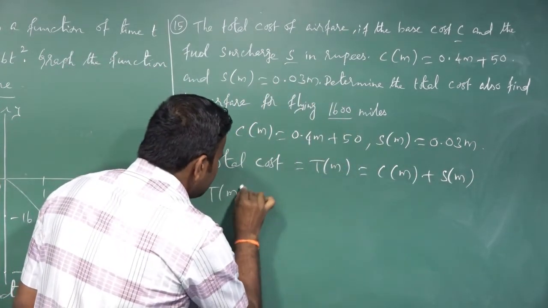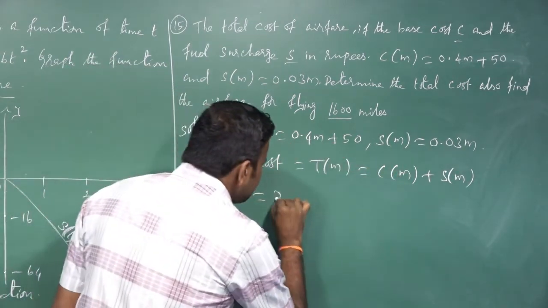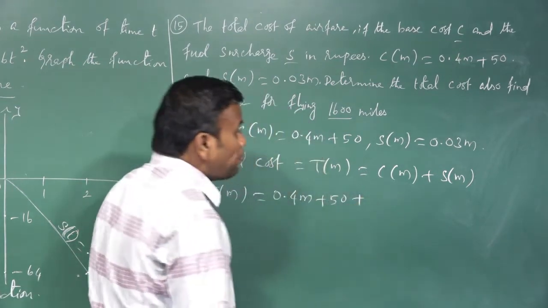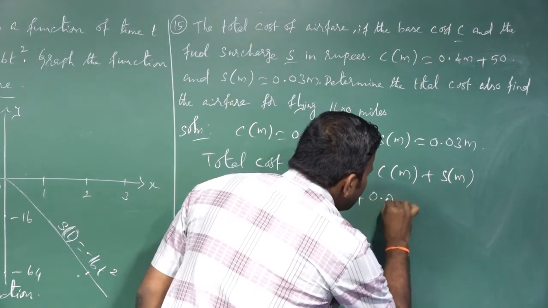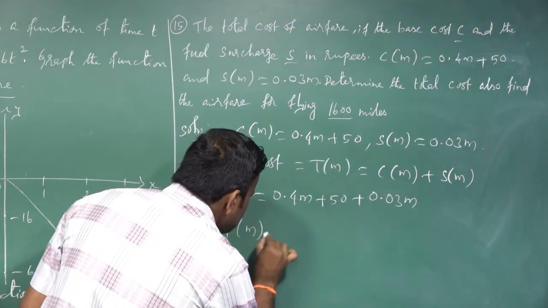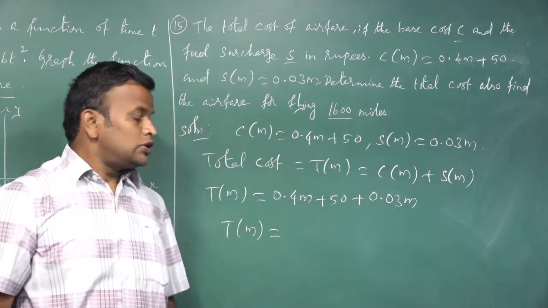So T of m, C of m value is 0.4 m plus 50, plus S of m value is 0.03 m.